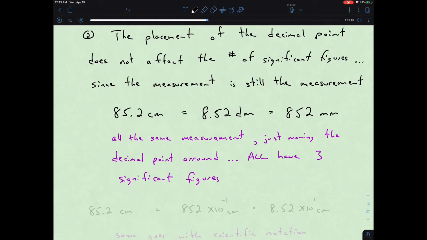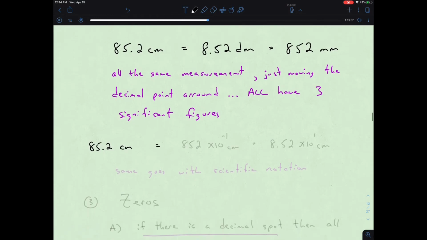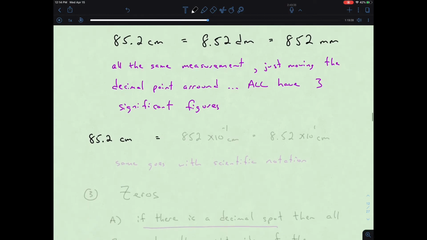So we can move the decimal point around, shift from one unit to another, or shift from one type of scientific notation to another. Because we could say 85.2 centimeters is the same as 852 times 10 to the minus 1 centimeters.